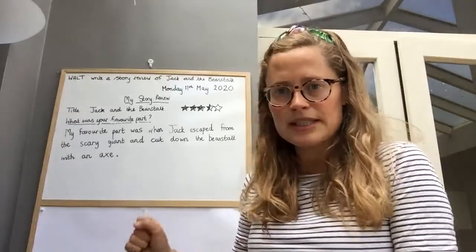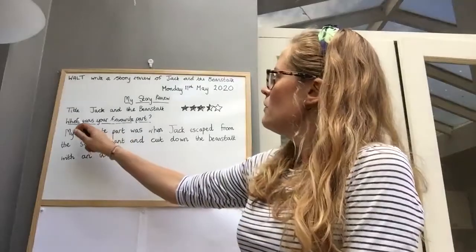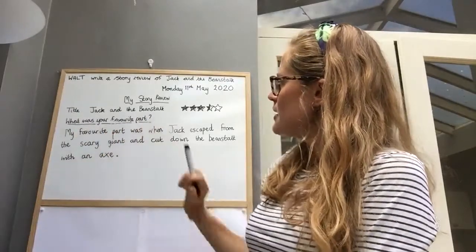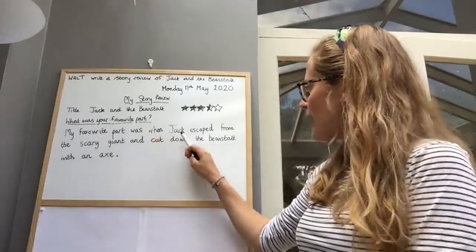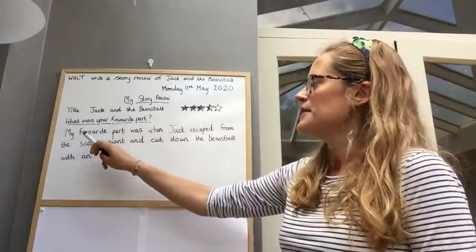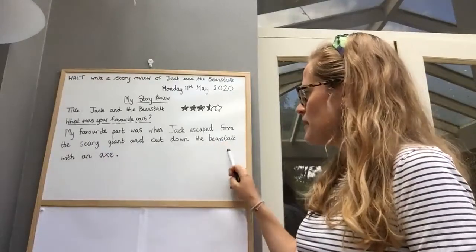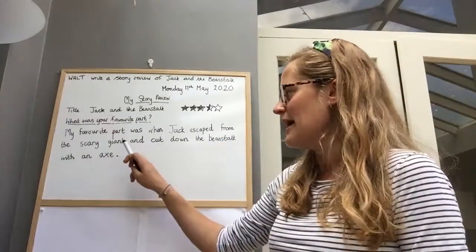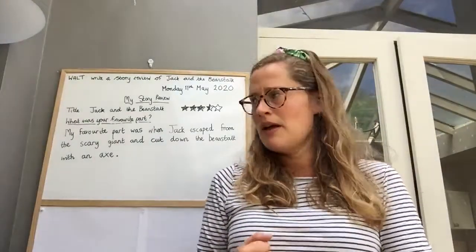Now I'm going to read the sentence to check that it makes sense. What was your favourite part? My favourite part was when Jack escaped from the scary giant and cut down the beanstalk with an axe. So that's going to be my sentence, year one.